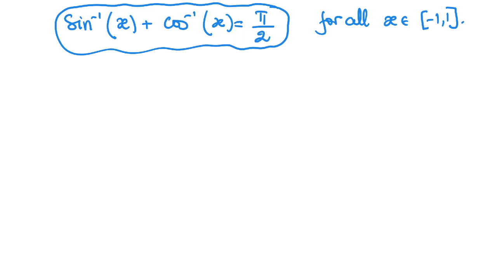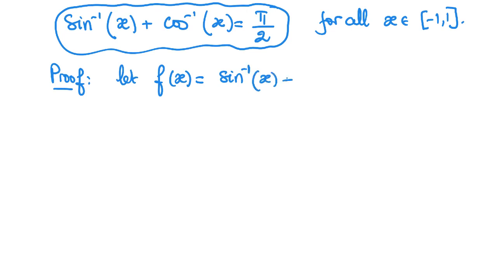So I want to prove this using the mean value theorem. So the proof will be like this. So I will let the function f of x be sine -1 of x plus cosine -1 of x.